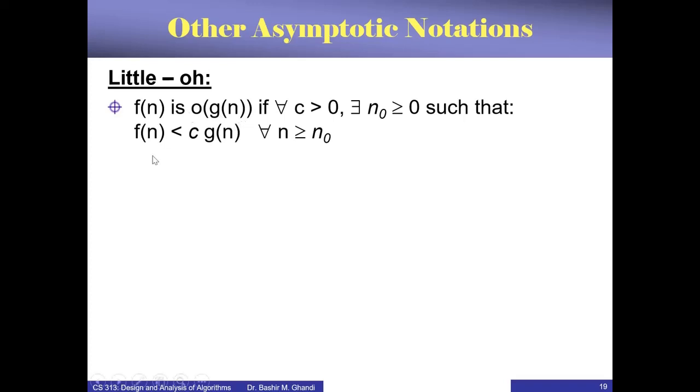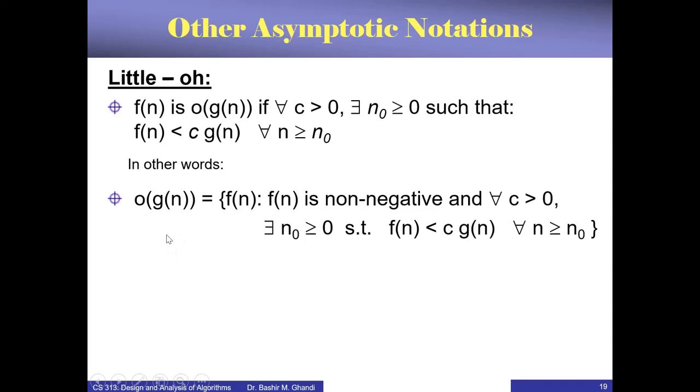Notice the definition is slightly different: it's not saying there exists a constant, it is saying for all constants c greater than 0. The difference is that this is a strict inequality, whereas for big O we say f(n) is less than or equal to c g(n).